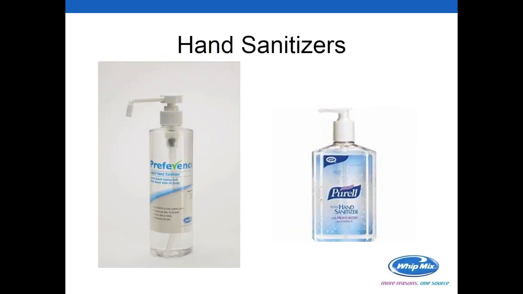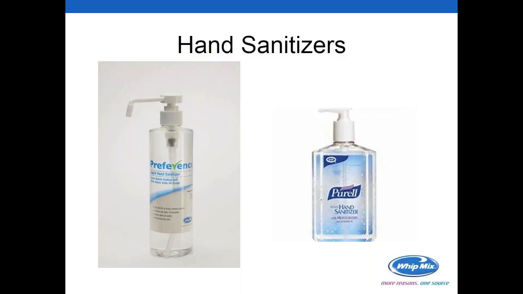Hand sanitizers. Now, you can use hand sanitizers, but they should be secondary. They shouldn't be the thing you rely on all the time. Hand sanitizers come in different kinds of materials. The one that Whitmix sells is this Preference hand sanitizer, which is an alcohol base. Works very well. And the other thing about it is that you can slide your gloves on real easily after you use it. Sometimes the others are a little too sticky and tacky.